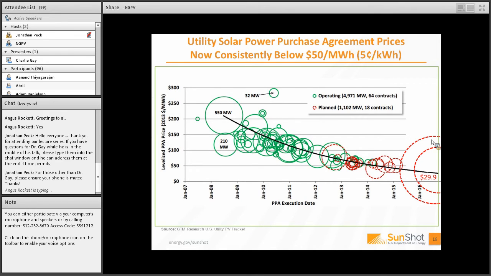We've seen spot situations where the projected price for power is now just under 3 cents a kilowatt hour, or $29 per megawatt hour.